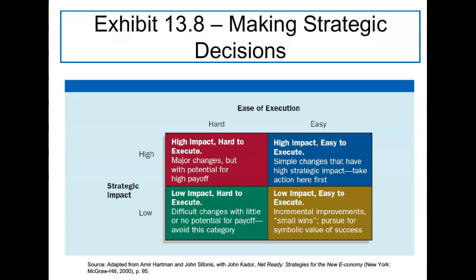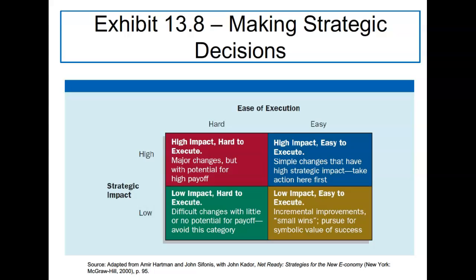So, making strategic decisions. Again, they love these diagrams, with the high and the low and the easy and the hard. On the left-hand side, we have strategic impact, and on the top, we have ease of execution. You can see that if you have a very low strategic impact and the execution is hard, there's very little impact.